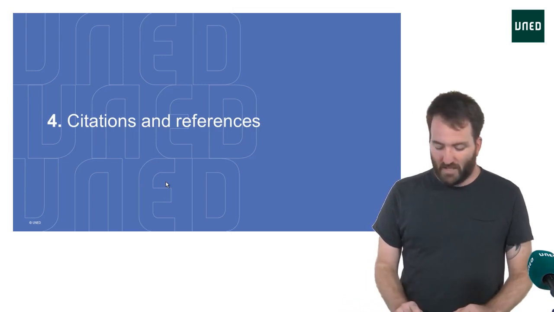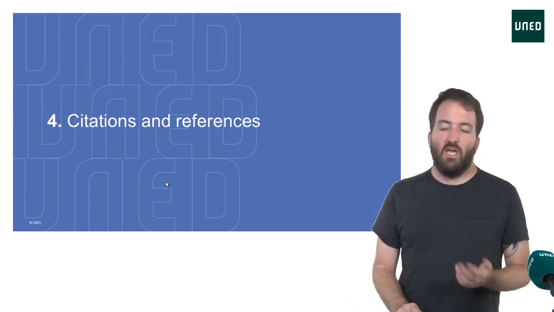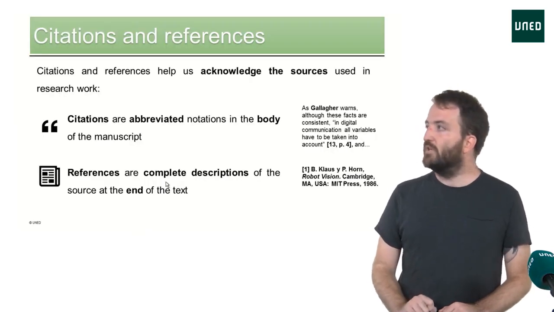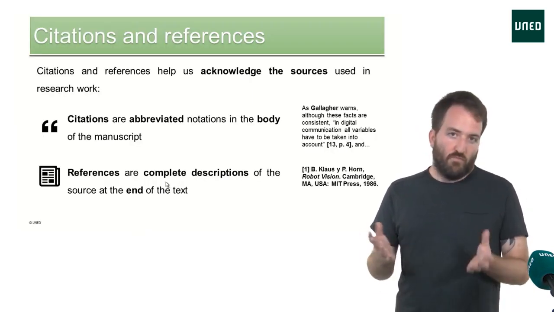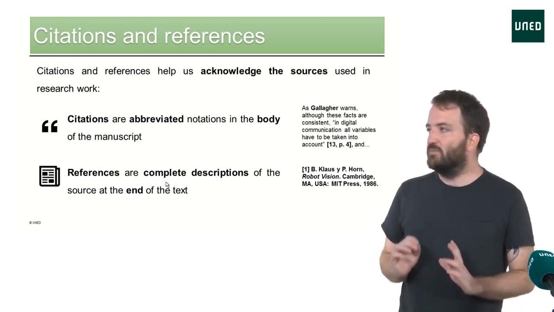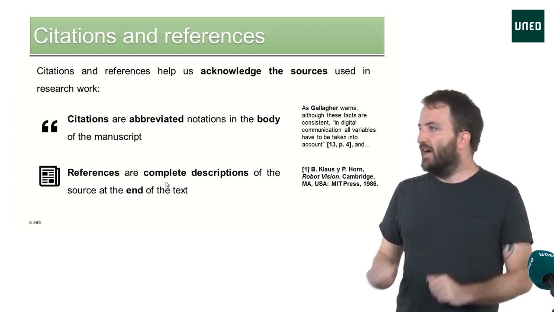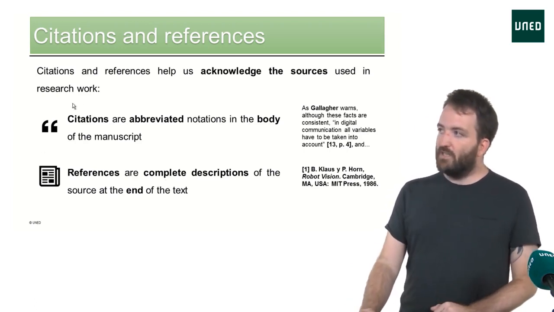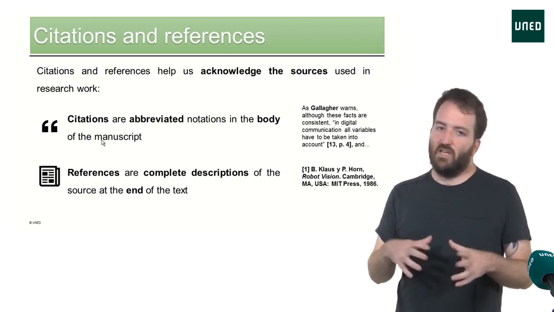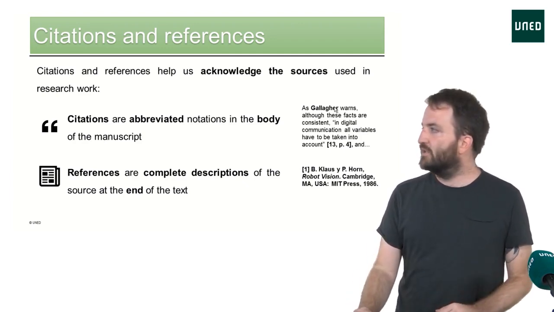This leads us to citations and references, which is maybe one of the most relevant aspects of this topic, of this module. You for sure know more or less what a citation and a reference are, but just to be very specific and clear, when we're speaking about citations, we're speaking about abbreviated notes that identify a resource, and they're in the body of the text.